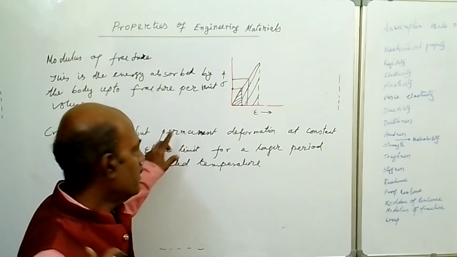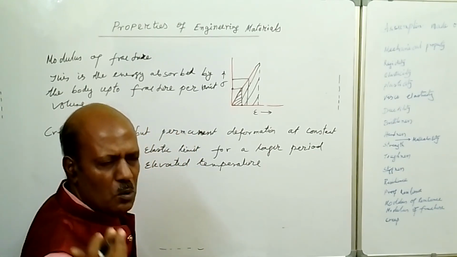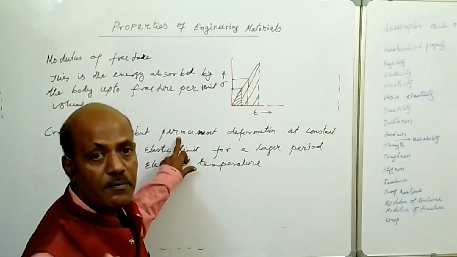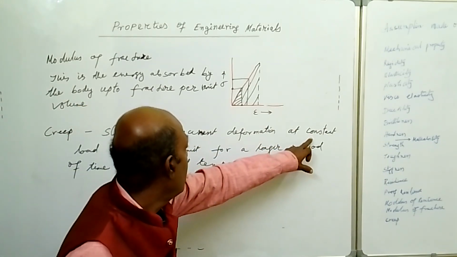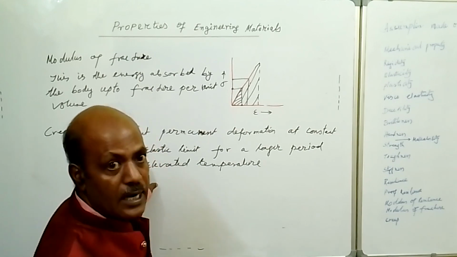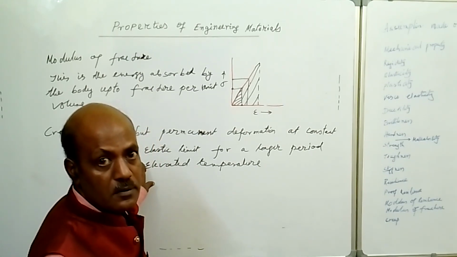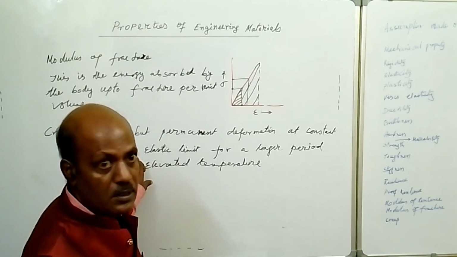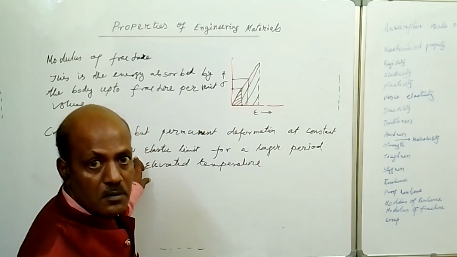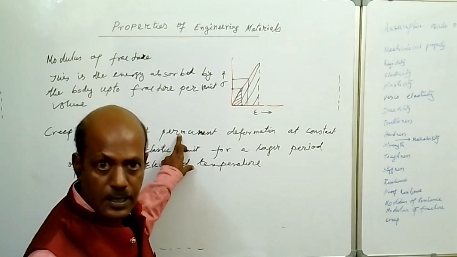This deformation takes place very slowly, but it is a permanent deformation at constant load within elastic limit. The load value is within elastic limit. Normally, if the load value is within elastic limit, permanent deformation will not take place.